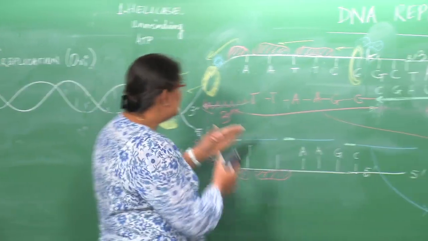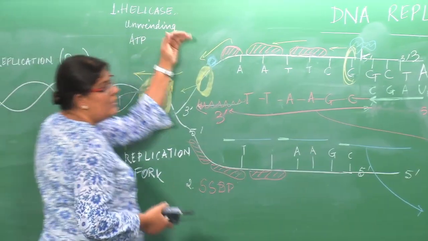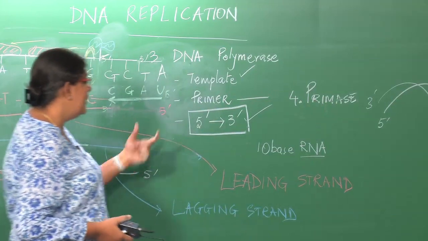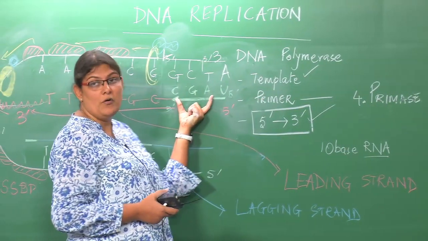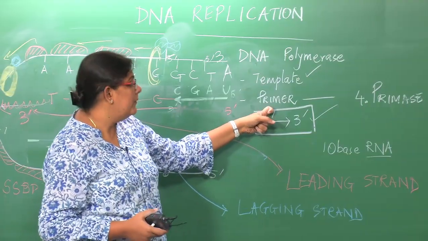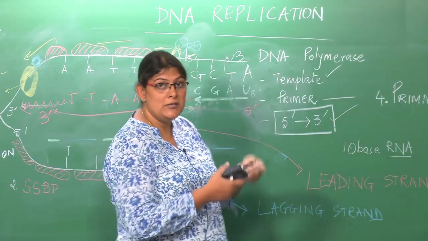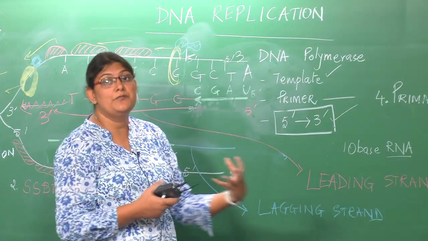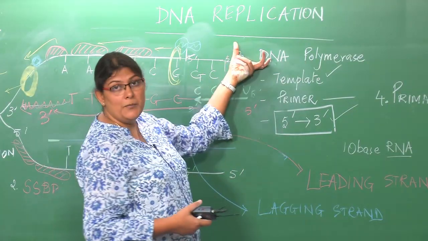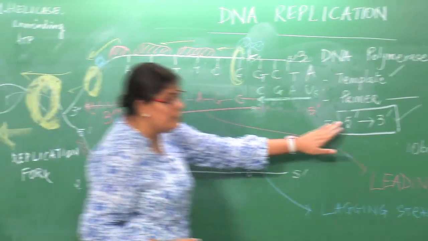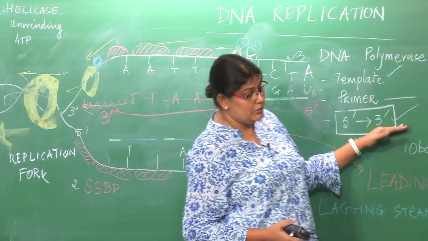Not only that, as soon as the uncoiling happened, the primase came in and started putting in small stretches of RNA which you call the primer. You need this primer because DNA polymerase has to build upon it. So, the RNA primer acts as a foundation for this DNA polymerase to keep on adding the nucleotides in a 5 prime to 3 prime direction.